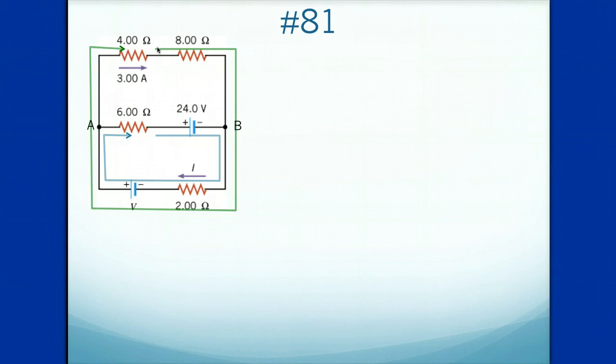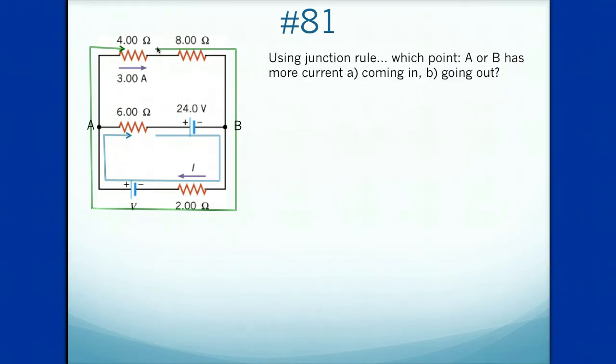So now we're going to apply Kirchhoff's rules. So the junction rule, look at point A and point B. Where will we have current coming in and going out? So we have the current coming into A, definitely, right? From here. And then current goes out, right? And then in B, we have this current coming in, and going out, right?